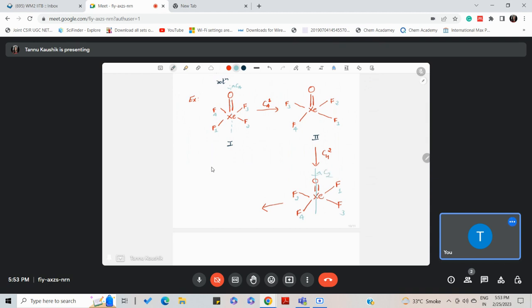So this is the C2 axis of rotation, or C4^2 axis of rotation, that it has followed.